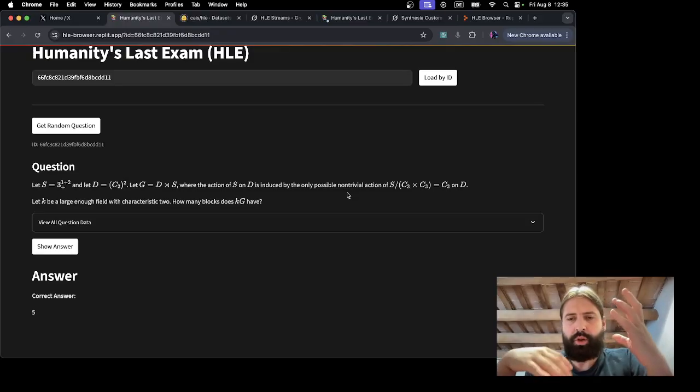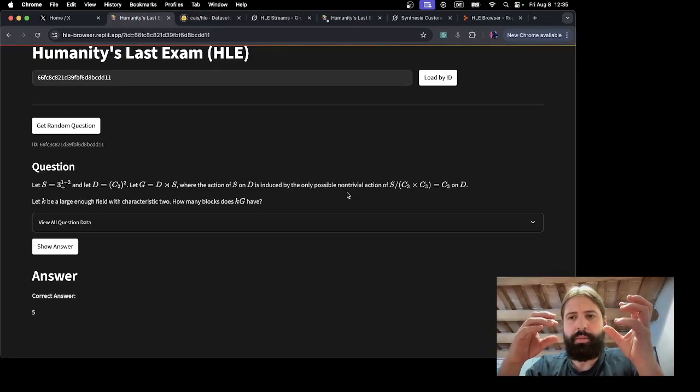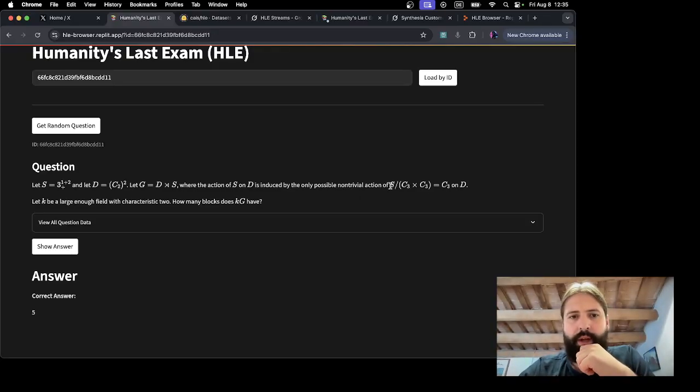The way that I understood it is because we're talking about groups and subgroups, right? So if you've got an action that is defined from one group to another, we have this group that can have an action on D, okay?